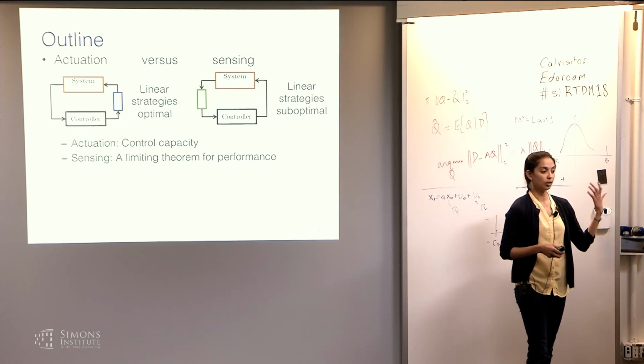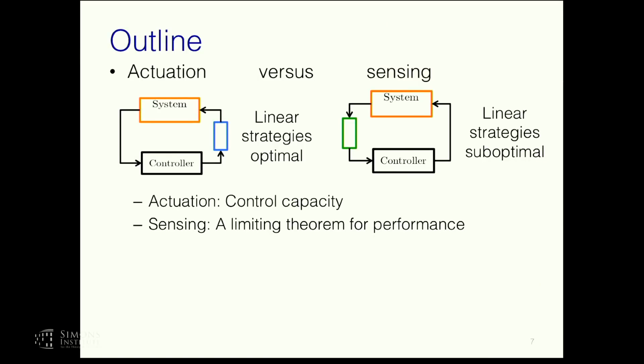I'll talk about this on both the actuation side as well as the sensing side. If there's time at the end, I'll talk about how this idea of thinking about things informationally can help us quantify the impact of having some side information about these parameters and how this can help us design better strategies. Not entirely sure if I'll get to this part of the talk.